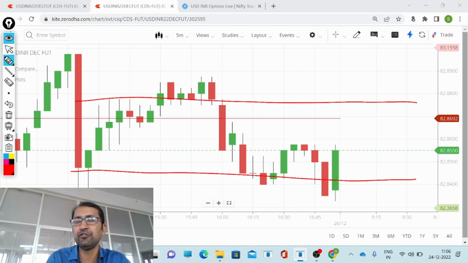So an indecisive trade took place. So Monday you can expect either a trade on the upper side or a trade on the lower side, that is 82.97. If it takes off, you can trade long. 82.60, if it takes out, you can trade short. Even if it breaks 82.75 also, you can short.